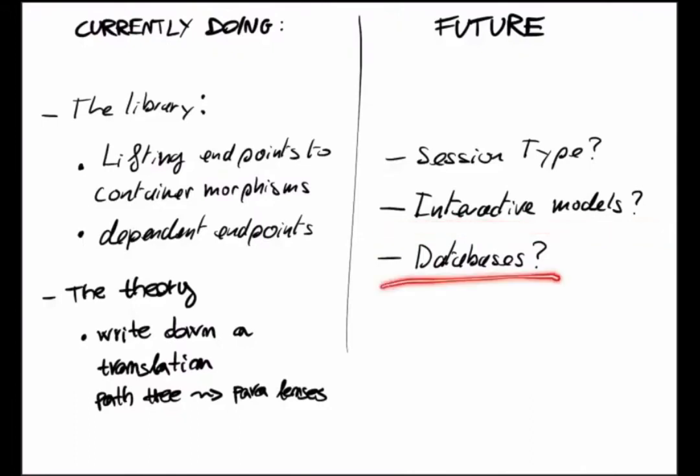And the last one is the state. Currently the state is just state, but that's not true. In most cases, state is a database, and databases themselves have a lot of lensy operations, right? You select something from a field, or you insert something into a database, and those also look like view and update as a lens operation.